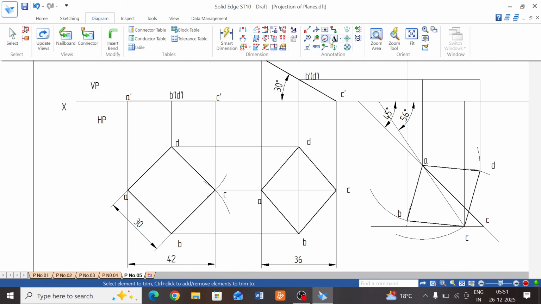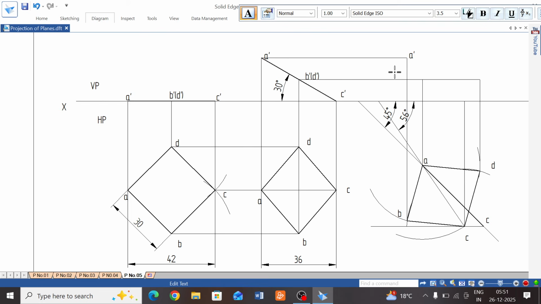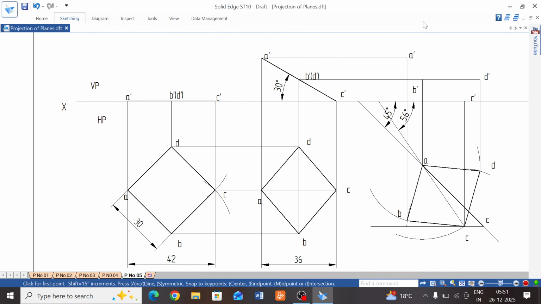Now name the write those A dash, B dash, C dash, D dash. This point is our A dash. It's our B dash, C dash, D dash. Join by thick line to complete the problem.